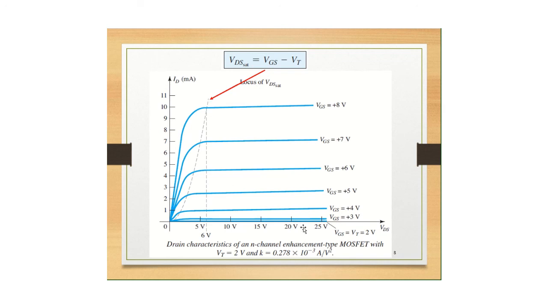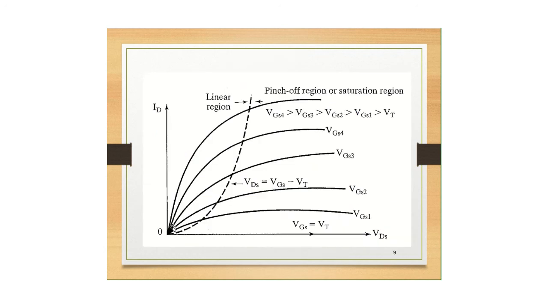So for VGS less than the threshold level, as you can observe here, the drain current will also be 0, right? Which is nothing but the cutoff region. This is the same characteristics shown in the Rashid textbook. In this drain characteristic, we can see that there are 3 regions.